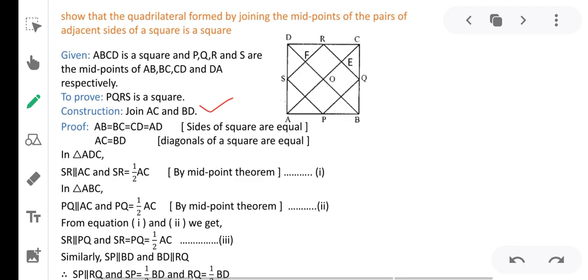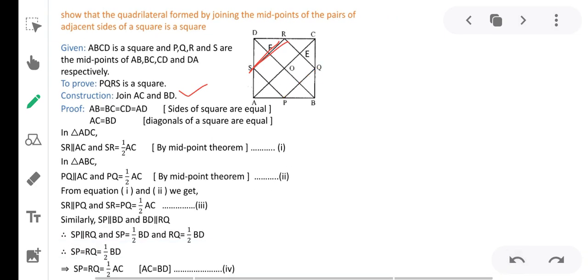Okay, so we have proved that SR is parallel and also equal to PQ. Now similarly we can prove that SP parallel to BD and BD parallel to RQ.